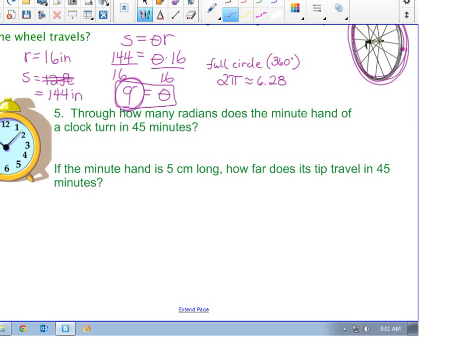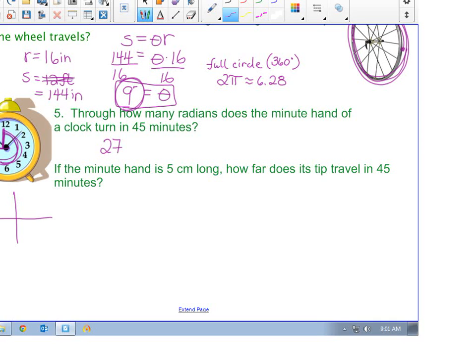And the last question. Through how many radians does the minute hand of a clock turn in 45 minutes? So first we're really just thinking about a clock, and how many degrees is 45 minutes?